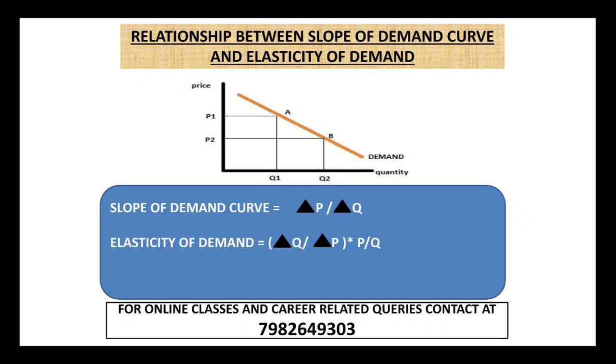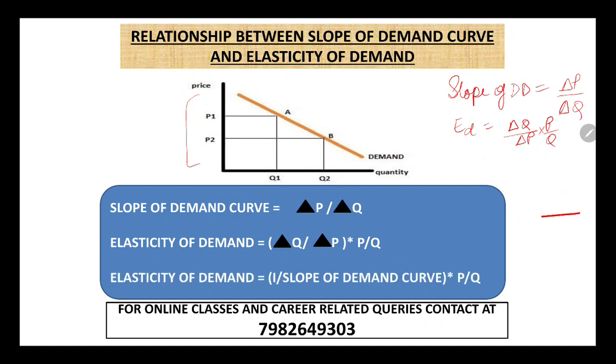When we studied the demand curve, we knew that the slope of the demand curve is, with price on the y-axis, change in P divided by change in Q. And we also know that elasticity of demand is represented by change in Q upon change in P into P by Q. So we can establish a relationship where elasticity of demand is nothing but 1 upon the slope of the demand curve into P by Q, right?